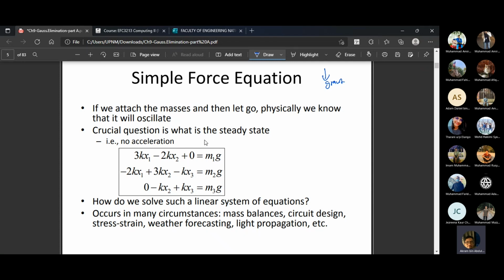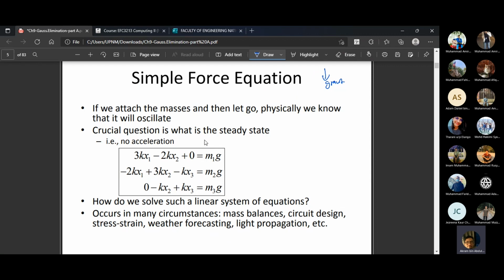Of course, when you release the masses from x equal to 0, the masses will start to go downwards because of gravity, and after it reaches some point, it will bounce back upward.